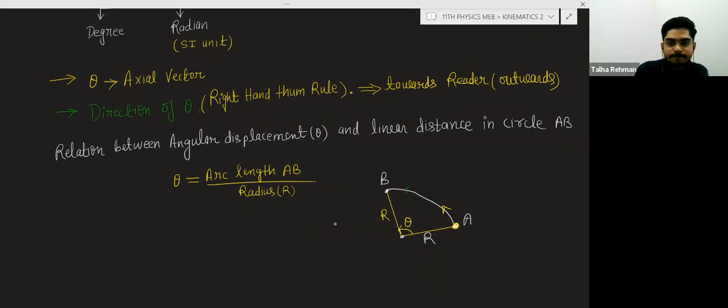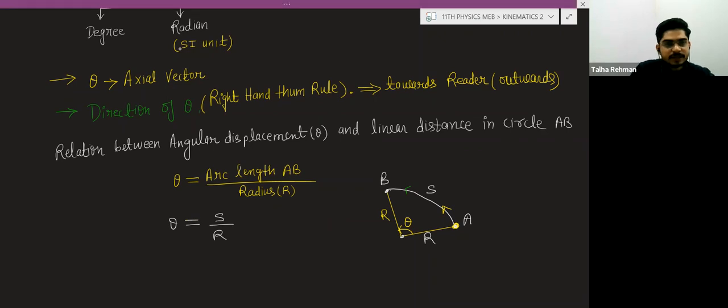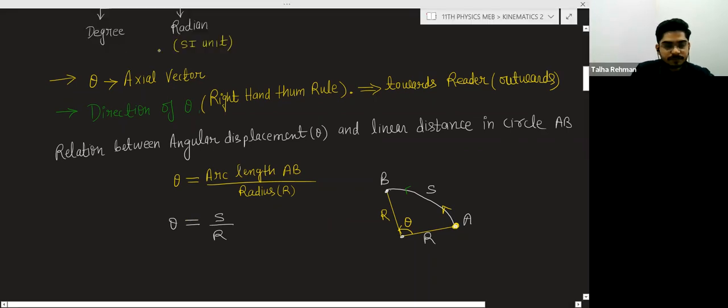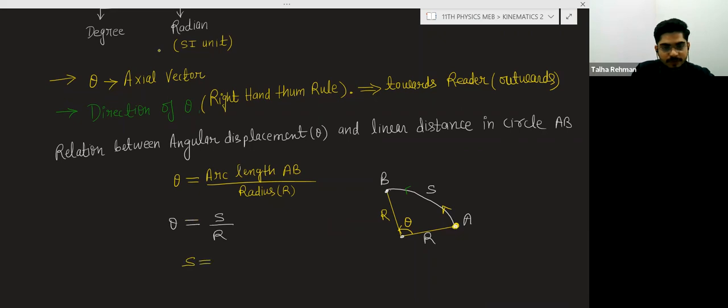Suppose this AB length I call S. Then theta is equal to S divided by R. So I can write that S is equal to R theta. This is the relation, S is equal to R theta.